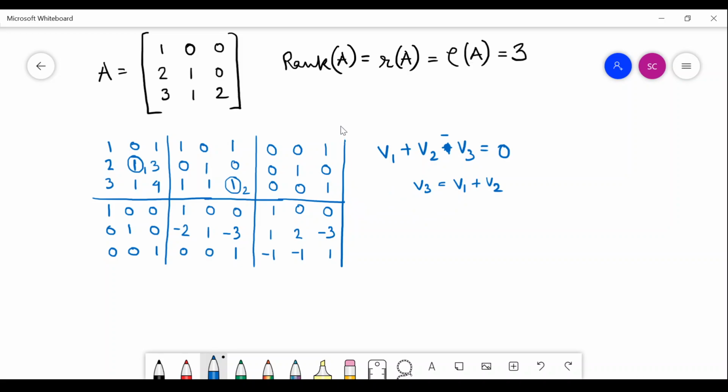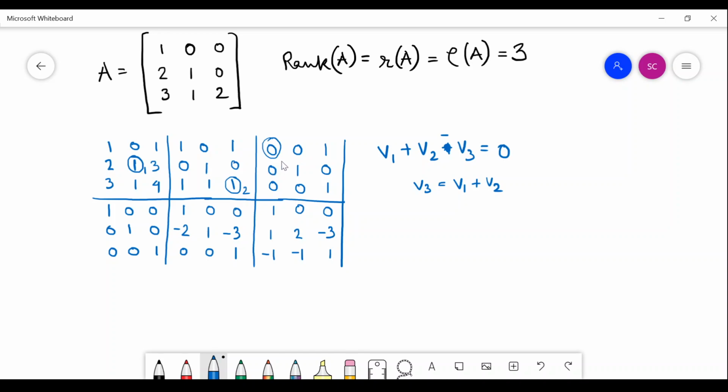So what would be the rank? The rank would be the number of non-zero columns that remain with us after the end of the column operation. The column operation has ended because we have taken this pivot element, and our only remaining option was this position as pivot element, but choosing this would not change anything because this is an entire zero column.